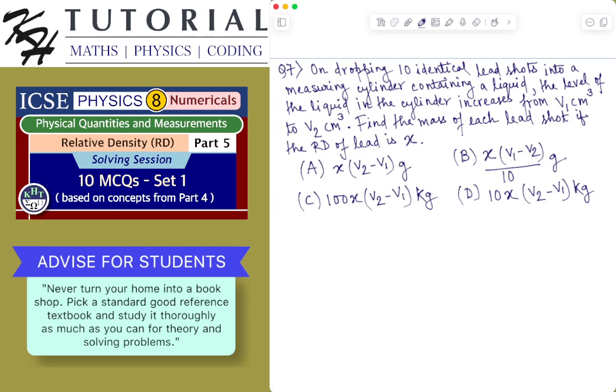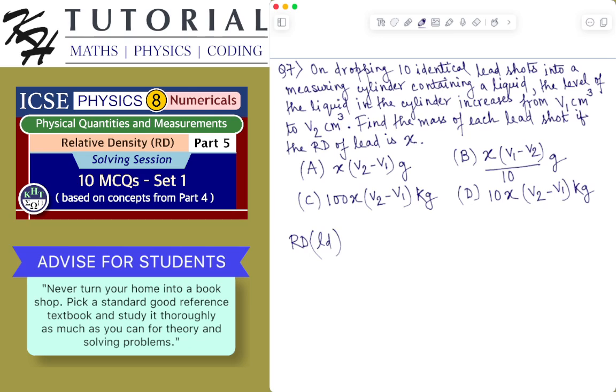Now the problem has given that the relative density of lead is X. I think LD is the chemical symbol for lead. Anyway, if I am wrong, it's fine. Let's suppose LD stands for lead.